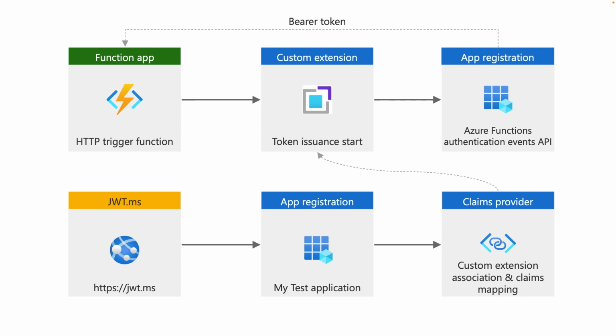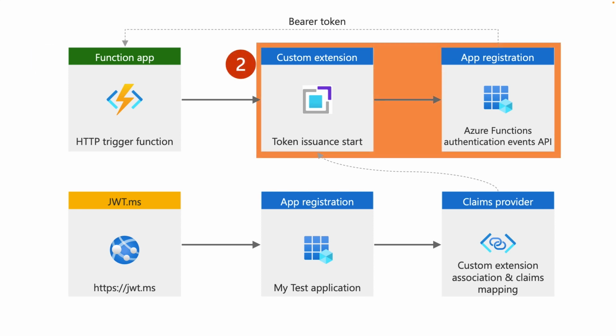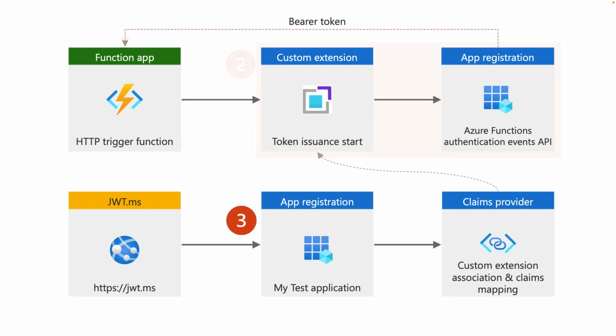To create a custom extension, you will first create an Azure Function app. The function will be the source of extra claims for your security tokens. You can also use any programming language, framework, and hosting environment to create and host your custom extension REST API. Register a custom extension and reference the Azure Function app. Then you will also register an application that will be used to issue a bearer token to secure the call from your Azure AD to the Azure function.